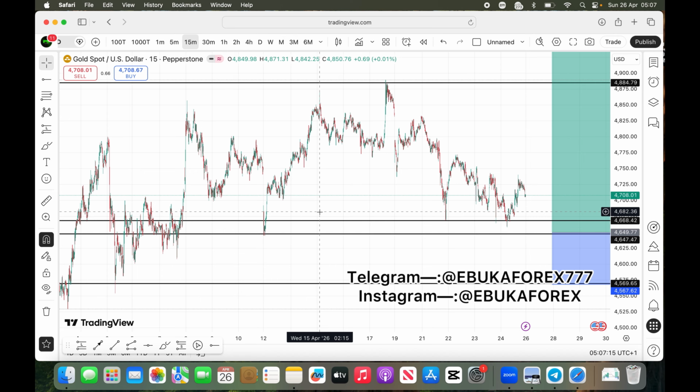That is how you will be able to navigate the major key levels in the market. That is how you're able to know that, okay, these are the major areas of liquidity in the market. So the most important aspect of trading is to follow the market structure and understand how the price delivery takes place on the lower time frame.